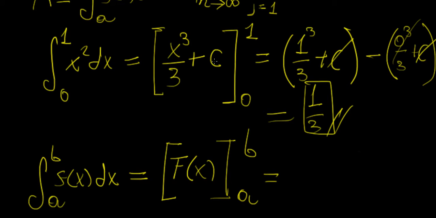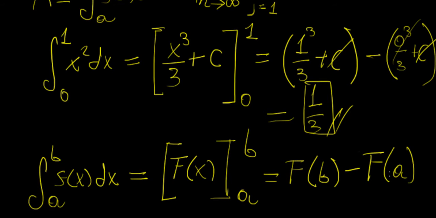And notice how I am ignoring the constant, because no matter what we do, the constant will cancel out as a result of that subtraction. So we're going to end up with F(b) minus F(a). This is one of the fundamental theorems of calculus, and it allows us to find the area underneath any curve.